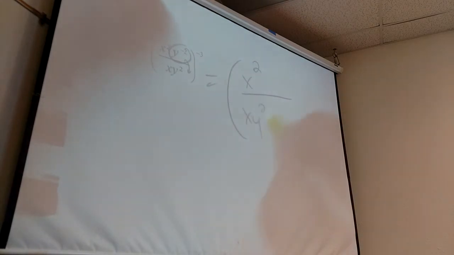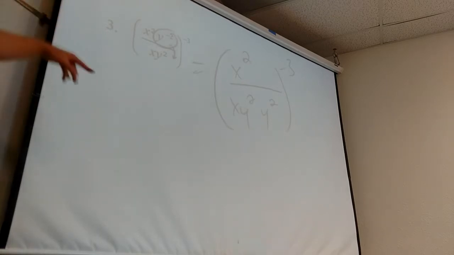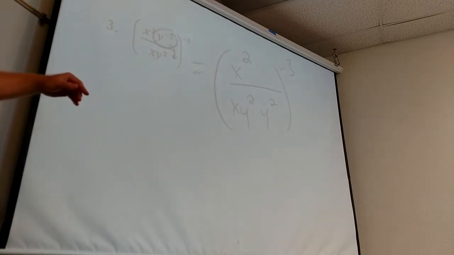So these 2 y's go down. So now I got x. There's already a y squared there. And now those 2 y's come down also. That's the one little thing I just did: anything to a negative power, move it. If it's on the bottom, move it up. If it's on the top, move it down.